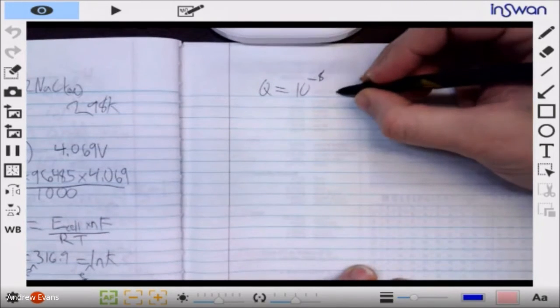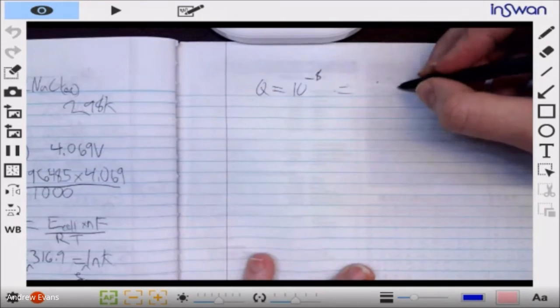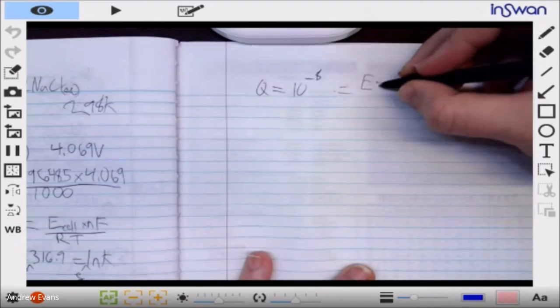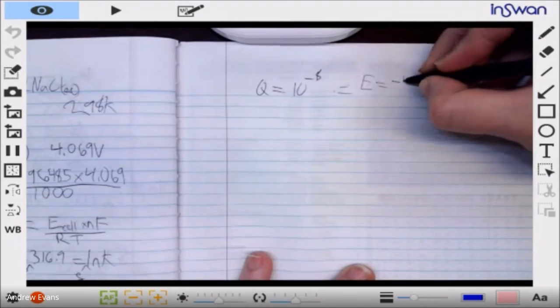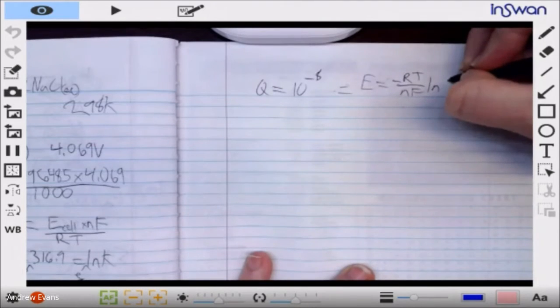So with this, we have E equal to negative RT over nF ln 10 to the negative 8.